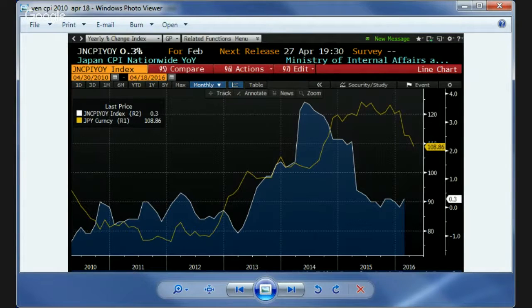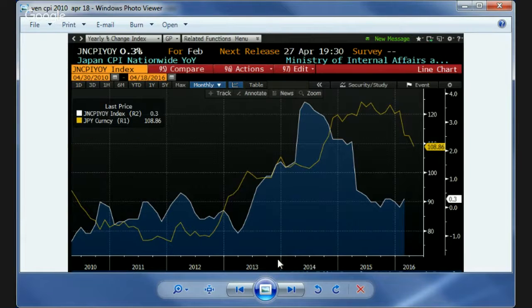And what has happened here is that the boost in inflation that Japan witnessed from about the first quarter of 2013 until midway, three-quarters of the way, a little bit more through 2014, is based on what? Based on two things. One is a base effect from earlier.